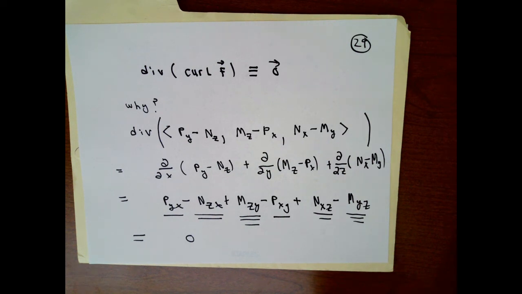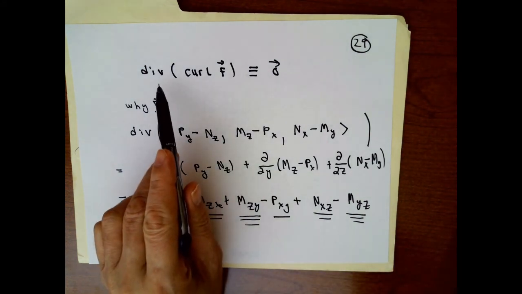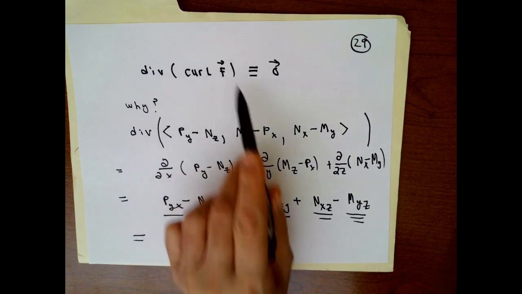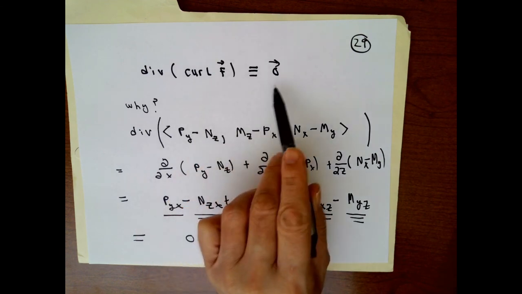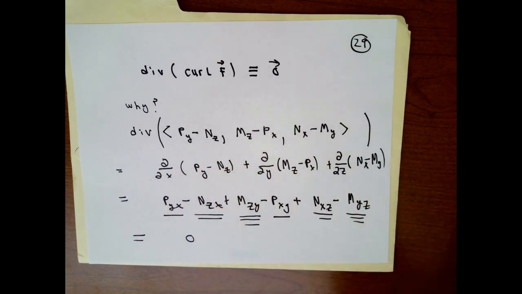But as you might expect, there is a ton of identities that these operators obey. And one of them is this: assuming that the vector field has enough continuous derivatives to do all the calculations we want, then something very strange happens. The divergence of the curl of a vector field is identically equal to 0.